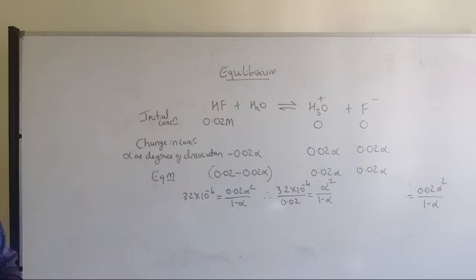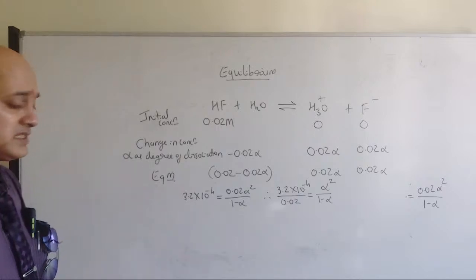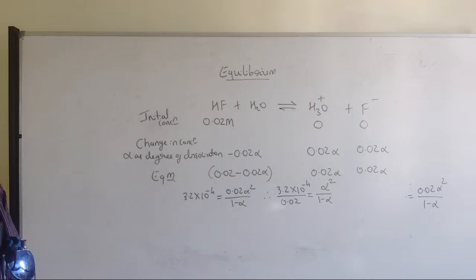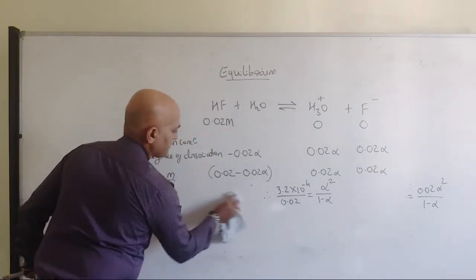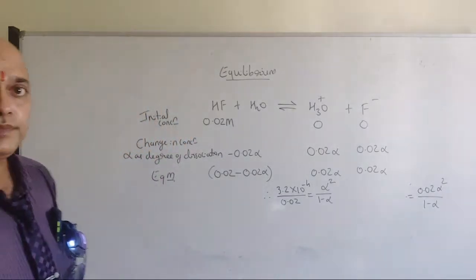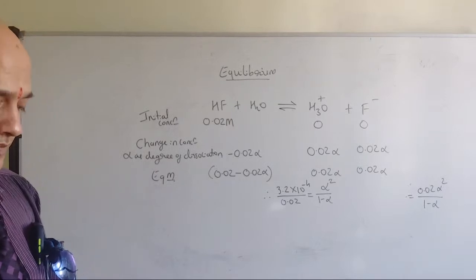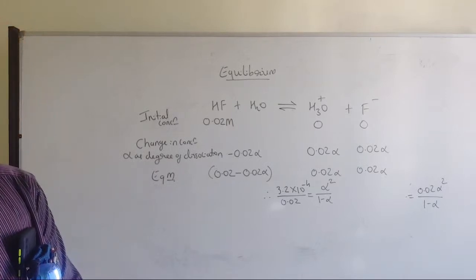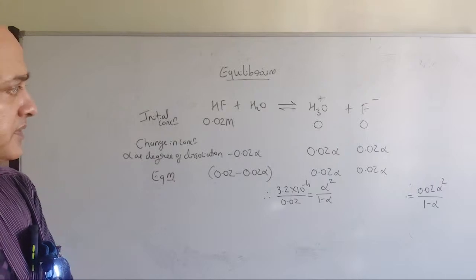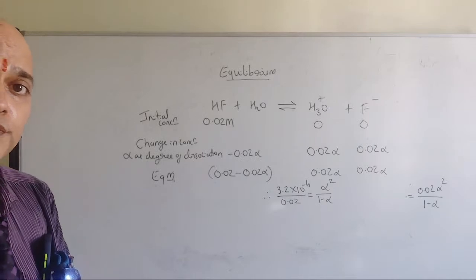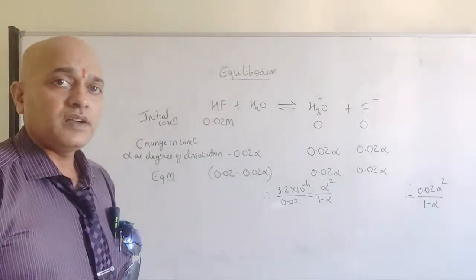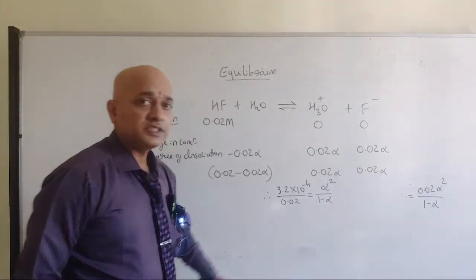Correct? Now 3.2 divided by 0.02, how much will it be? It will be somewhere around 160. Anyone doing that? 3.2 divided by 0.02.